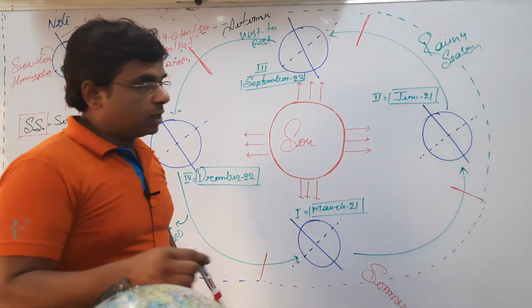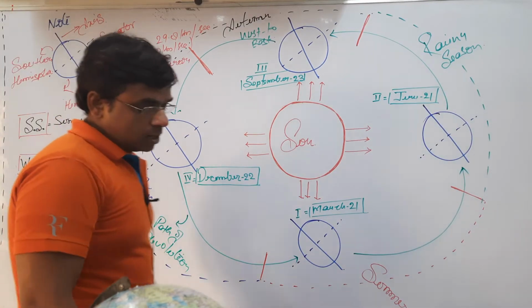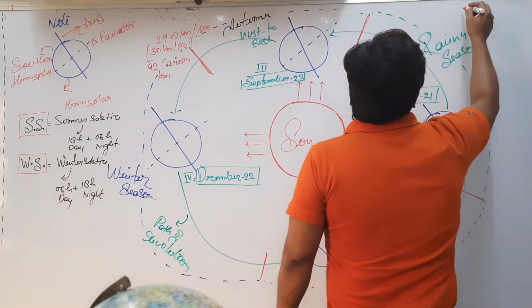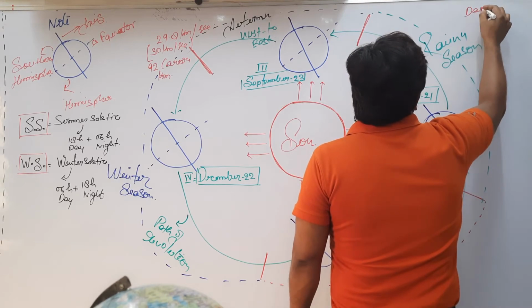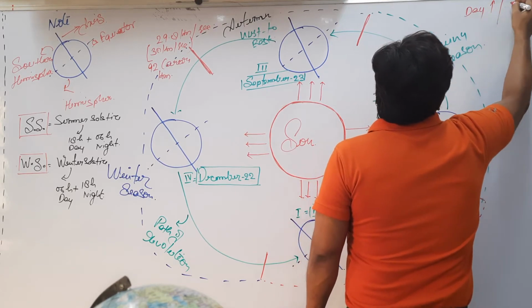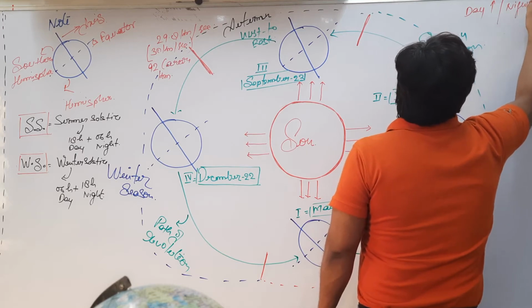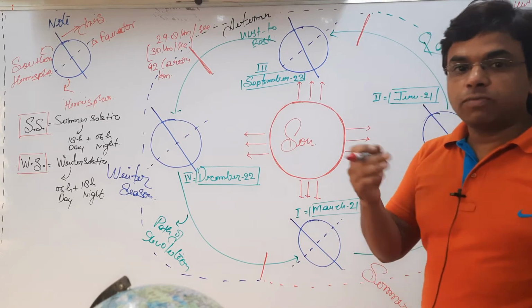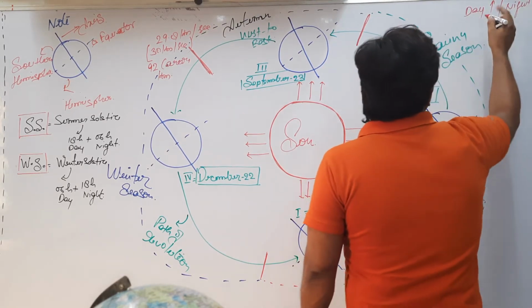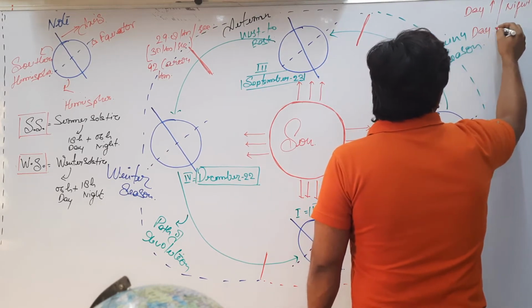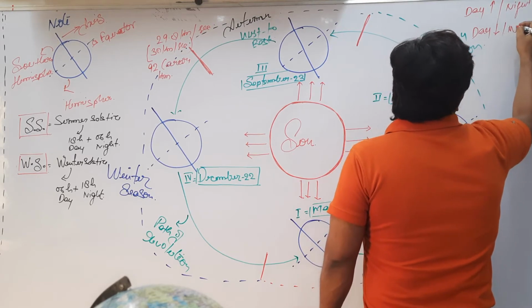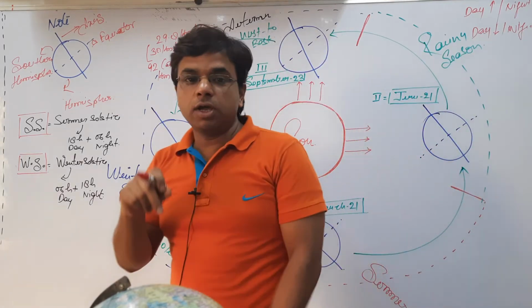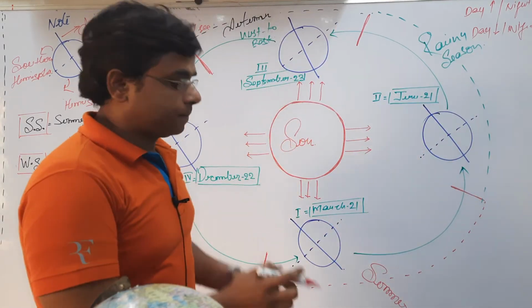And when the revolution is done, we are done with the increasing or decreasing time duration of the day and the night on the different parts or portions of the earth.